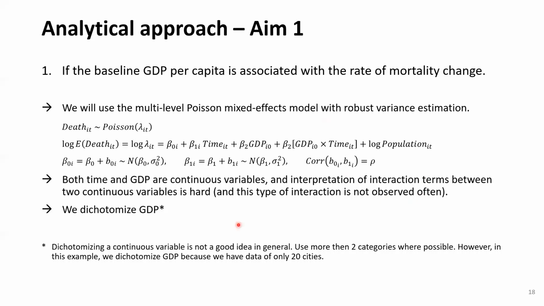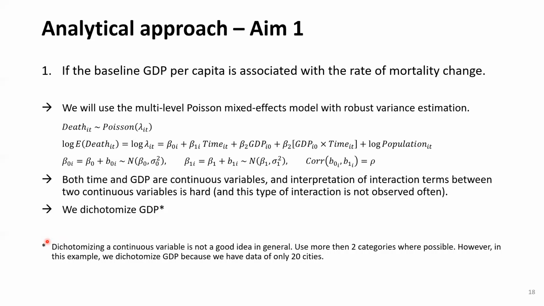So what to do? The solution is we categorize one variable. So in this case, we are going to categorize GDP. And we're going to dichotomize GDP instead of using GDP as a continuous variable. And in general, dichotomizing a continuous variable is not a good idea.